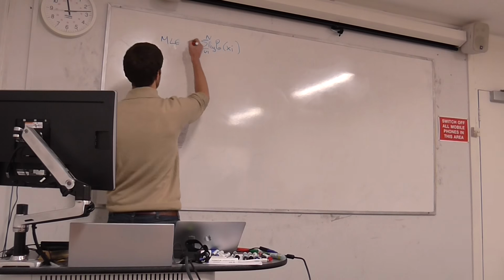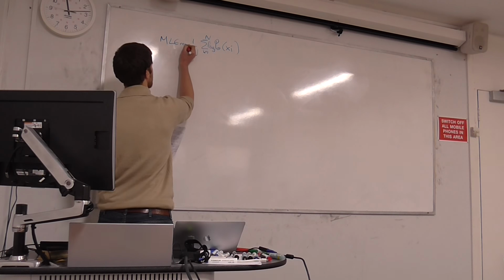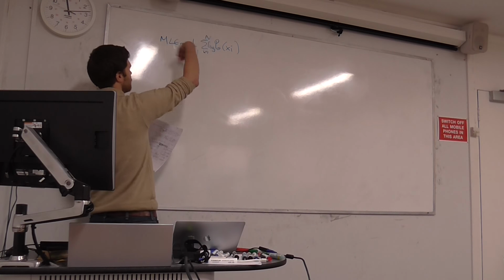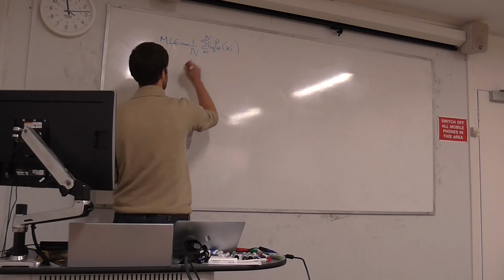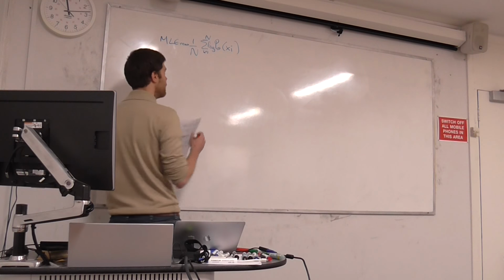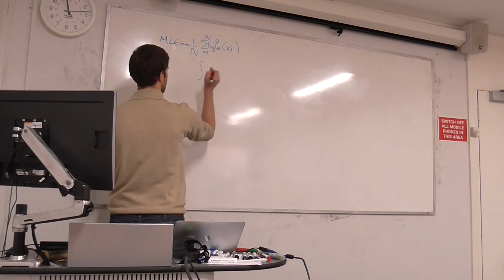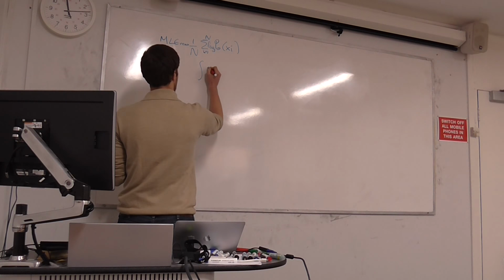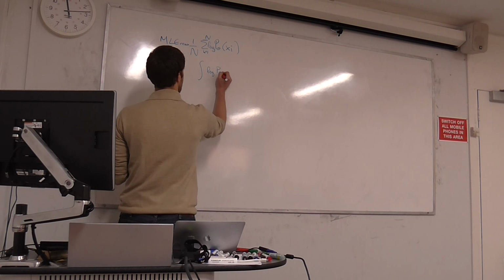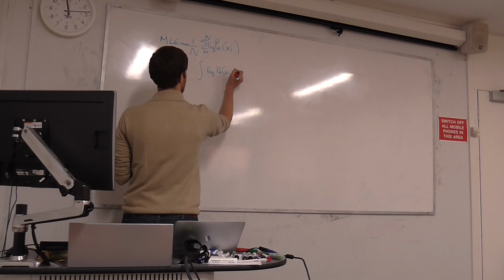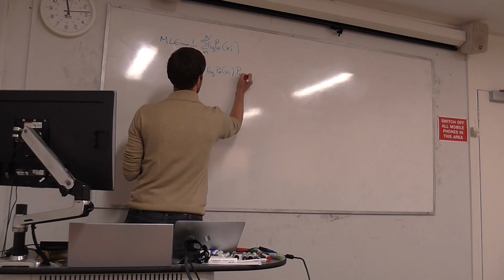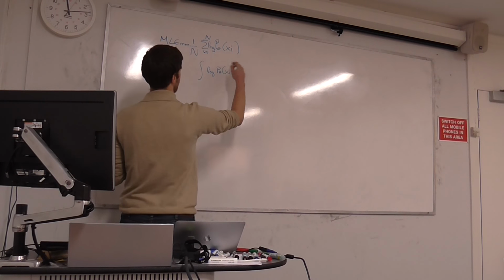So we want to maximize this. Let's take this to the limit where n equals infinity, and then this will turn into an integral. That will become log p theta of x times pd, which is our data distribution.